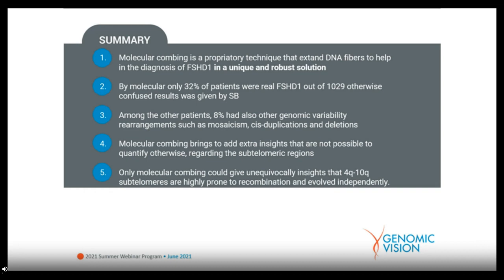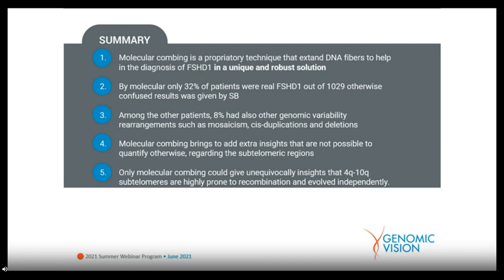And among these, 8% also have more complex genomic variability, such as mosaicism, duplication. And then molecular combing has also brought insights that are not possible to quantify with other technologies, such as the subtelomeric region.